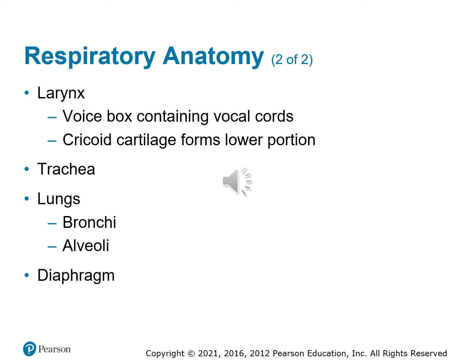As we travel down the trachea, we enter into the lungs. Now, at the bifurcation of the lungs, where it branches off, we have bronchi. So you have a right and a left main stem bronchi, and then those branch off into additional bronchi all the way out to these alveoli, which are like these little air sacs kind of at the end of those branches. And if you think about bronchus, think about the roots of a tree and how they spread out.